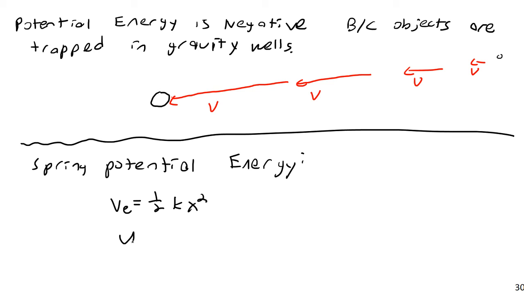This is based on the idea that the work to go from 1 to 2 is VE, the spring potential energy at 1, minus the spring potential energy at 2. So the spring potential energy at a particular point is 1/2 kx squared, and the work to go from one to the other is the subtraction of the two spring potential energies.